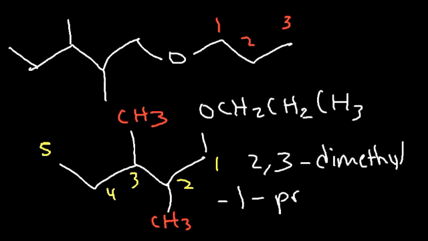M comes before P. So 2,3-dimethyl-1-propoxy, and then pentane for the longest chain. So now you know how to name ethers.